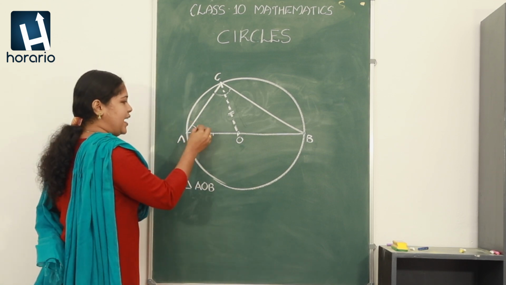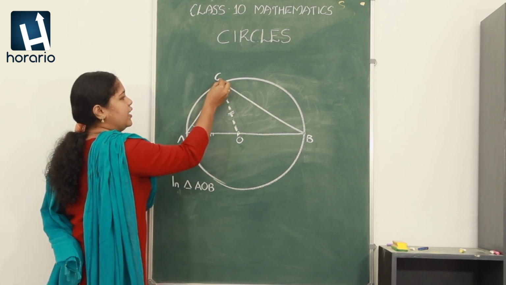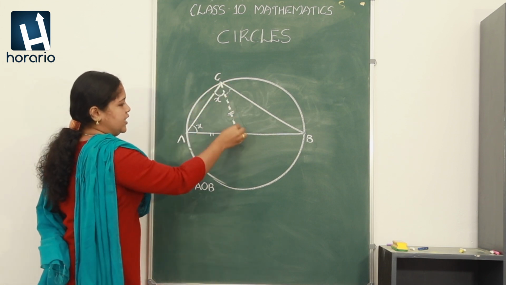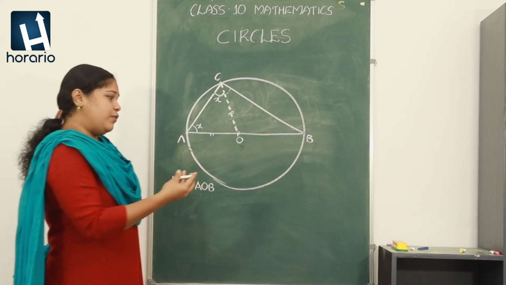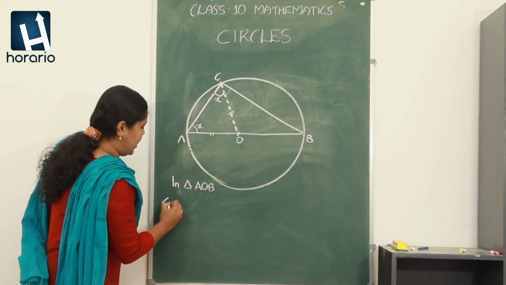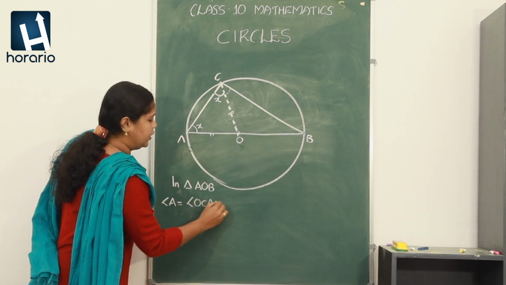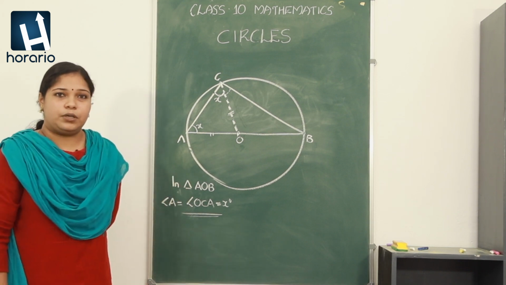If this angle is x, then angle ACO will also be x, as triangle AOC is isosceles. So angle A is equal to angle OCA, equal to x degrees.